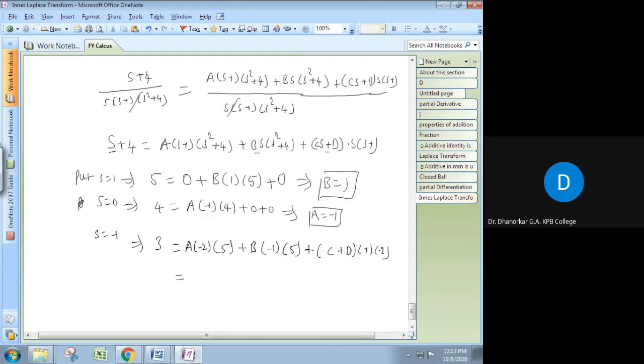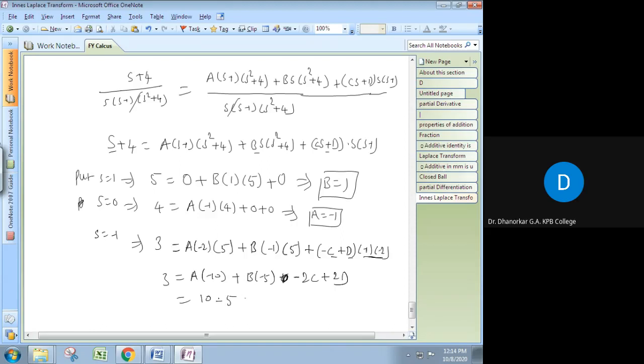I can put the value of a as minus 1, or I will write a into minus 10, plus b into minus 5, plus minus c plus d, here minus, this is plus 2. Therefore this becomes minus 2c plus 2d, and here is 3. Value of a is known. A is minus 1. That means this becomes 10 plus b is 1.